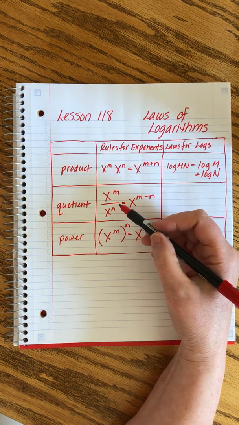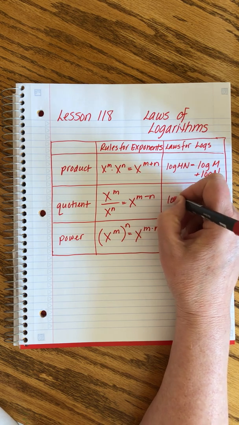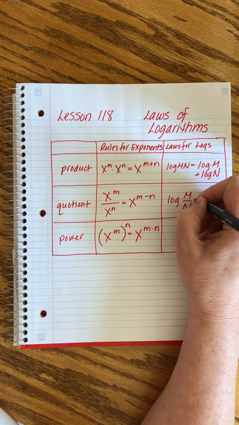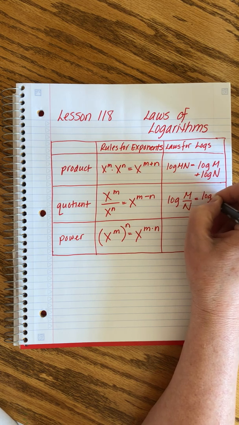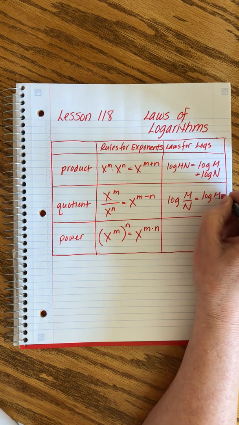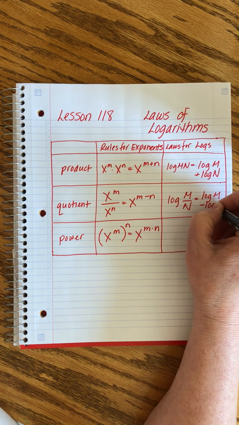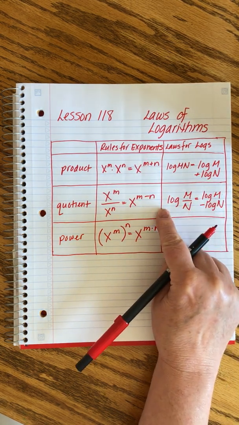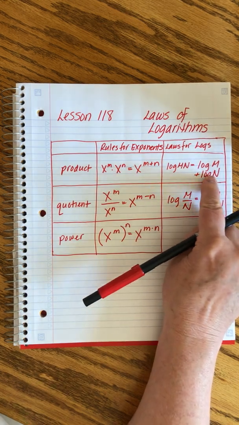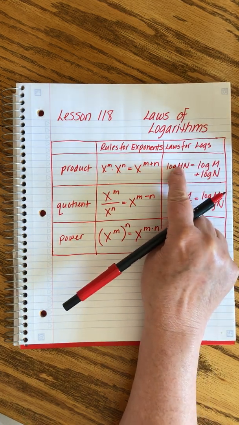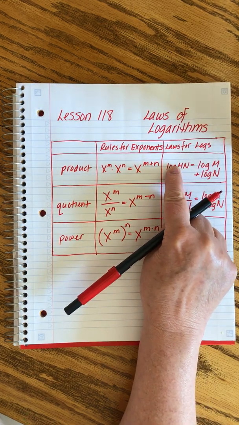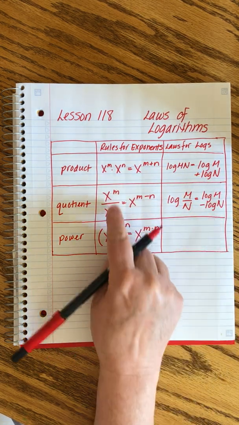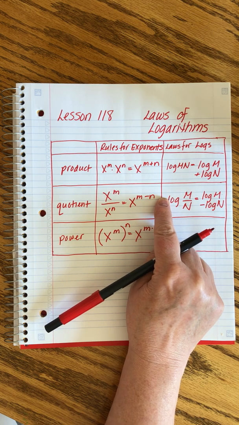Therefore, when we go down here, subtraction goes with division. Multiplication goes with adding. And here we have division going with subtraction.